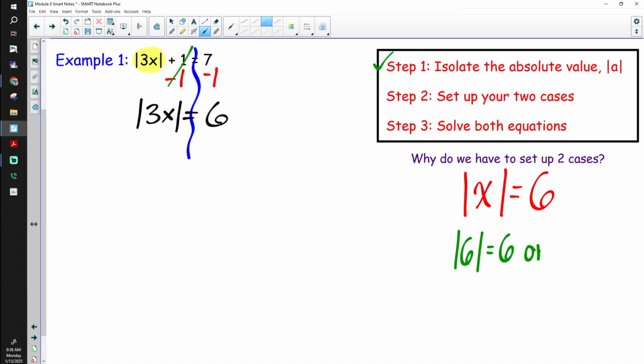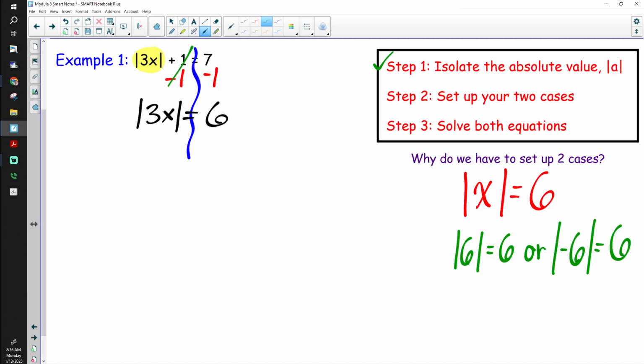Yes, you could also do the absolute value of negative 6. That also would equal 6. So there are always two cases that will get us to our answer. In this little baby equation, I could plug in a 6 for the right answer. I could also plug in a negative 6.